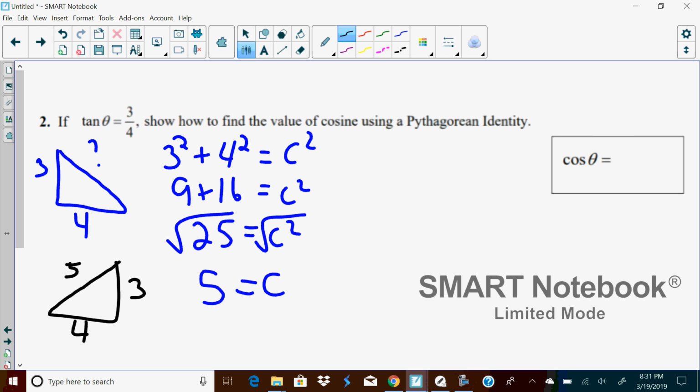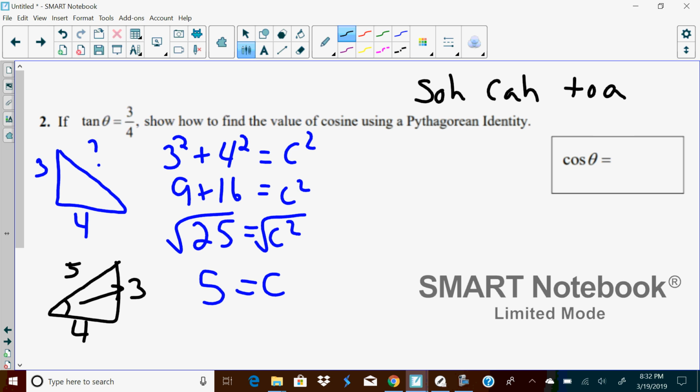So when I'm thinking about this, I want to think about that the cosine is SOHCAHTOA. So the cosine I know is the adjacent over the hypotenuse, but I'm looking for the sine, and the sine is the opposite over the hypotenuse.